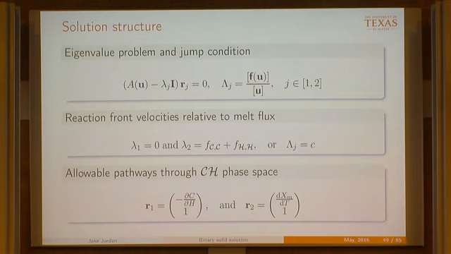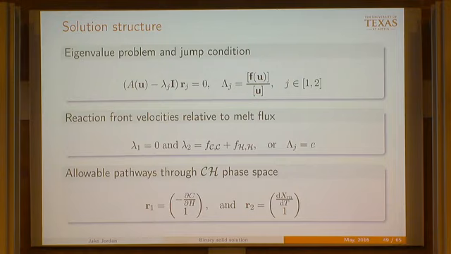So we've got all the ingredients we need to make this solution structure complete. We've got the eigenvalue problem for continuous solutions. We've got the Rankine-Hugoniot jump condition for discontinuous solutions to the problem. We have reaction front velocities, or velocities associated with the Rankine-Hugoniot jump condition.